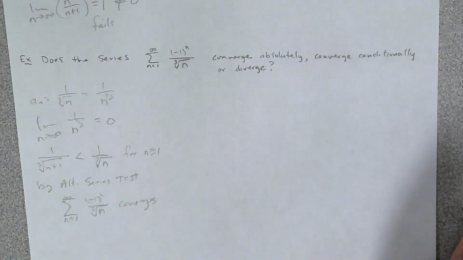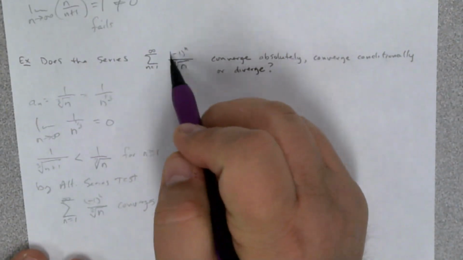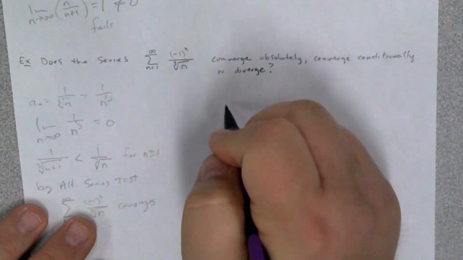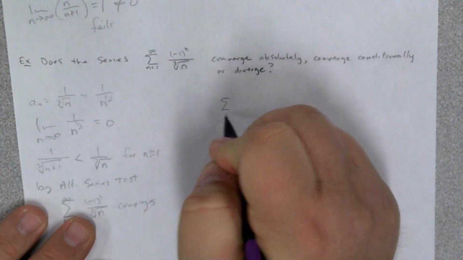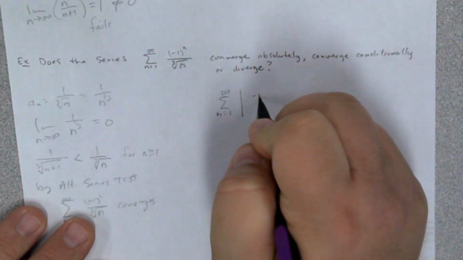Now, the question is, was this alternating part of it, the -1 to the n, a necessary part that caused this series to converge, or would it have converged if all the terms were positive or all the terms negative? So we need to look at the sum from 1 to infinity of the absolute value of all that.